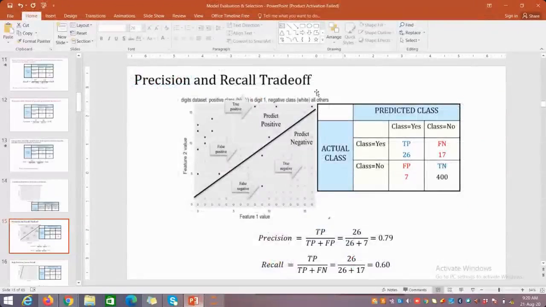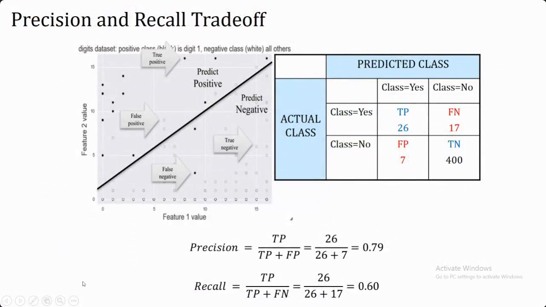Okay, then let me summarize it. If I'm increasing this boundary, you have only one misclassification, and the rest of the instances have been classified correctly. In the case of precision, the concept is based upon the total number of instances which you are saying are positive, and out of those, how many are actually positive.